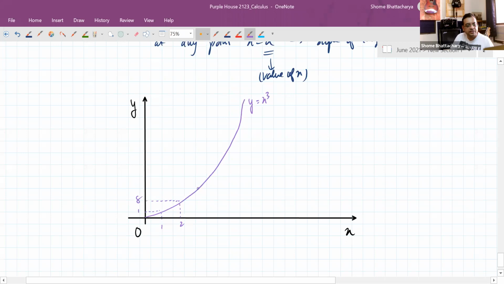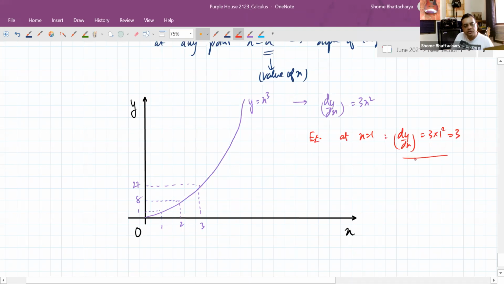By the time we reach x equal to 3, it has increased to 27, and so on. Now the meaning of dy by dx being 3x squared: if we take x equal to 1, the value of dy by dx is 3 into 1 square, so it is equal to 3.